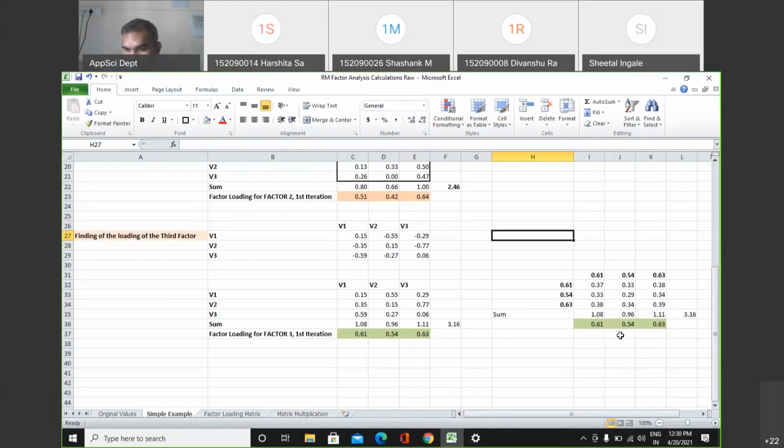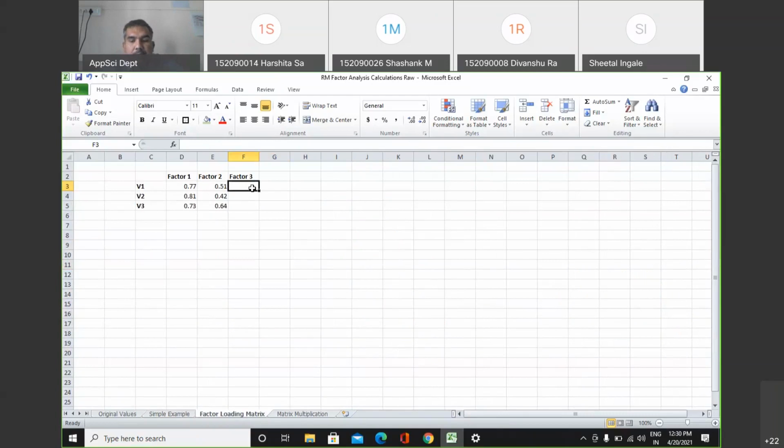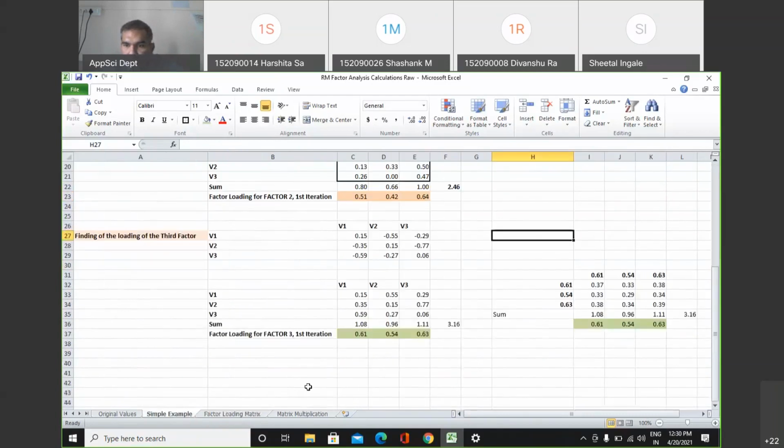Otherwise, we would have simply continued. The iteration doesn't differ in process. We have a match, so we are taking this factor loading. Otherwise, we would have done the same thing without taking the factor loading until it matches. 0.61, 0.61, 0.54.